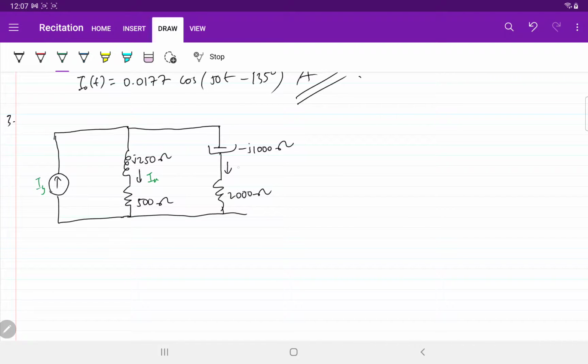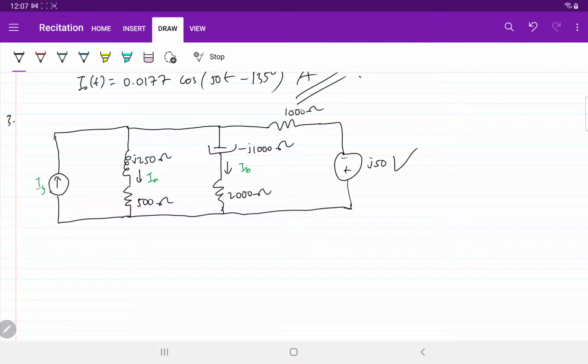This is IB. Resistor 1000 ohm and voltage source j50 volt. The current flowing through here is IC.